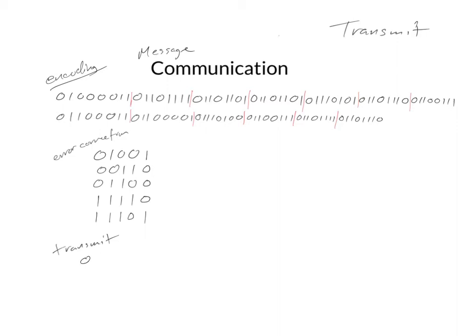So it's going to be 0, 1, 0, 0, 1, 0, 1, 1, 0, 0, 1, 1, 0, 0, 1, 1, 1, 1, 0, 1, 1, 1, 0, 1. And then this is what I am going to send. When we practice, we can just say 0, 1, 0, 0, 1, 0, 0, 1, etc.